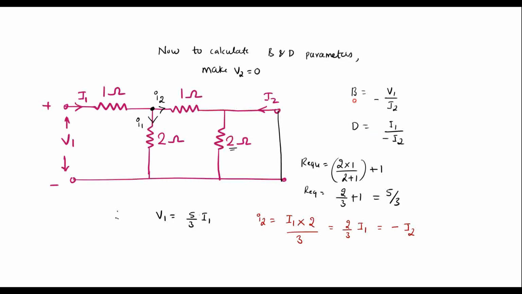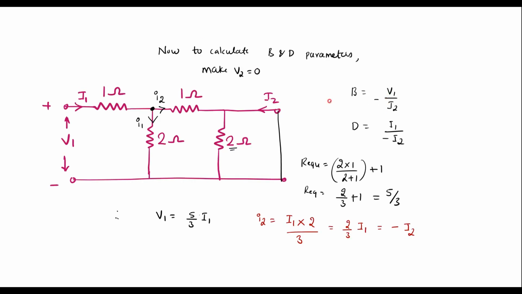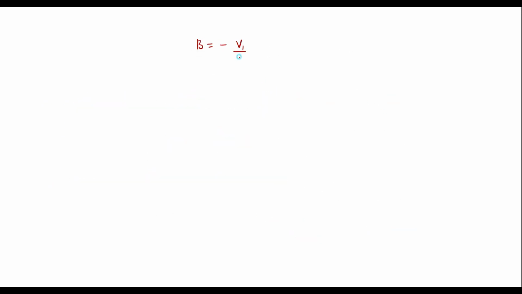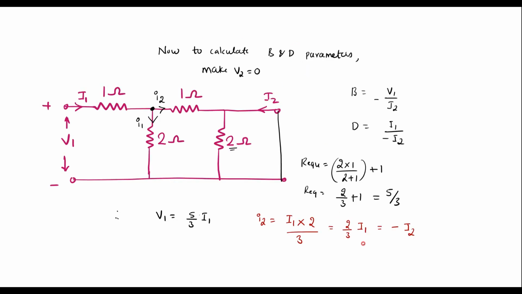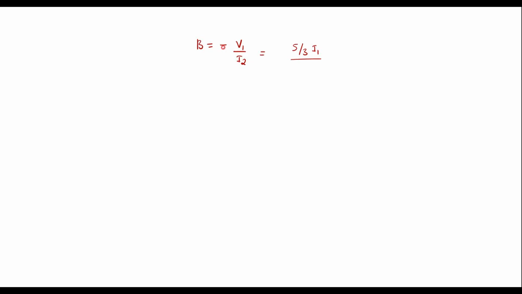Now let me calculate B. Therefore I can write B is equal to V1 by minus I2. V1 is 5 by 3 I1 divided by I2. I2 is minus 2 by 3 I1, that minus and this minus will get cancelled, that is 2 by 3 I1.